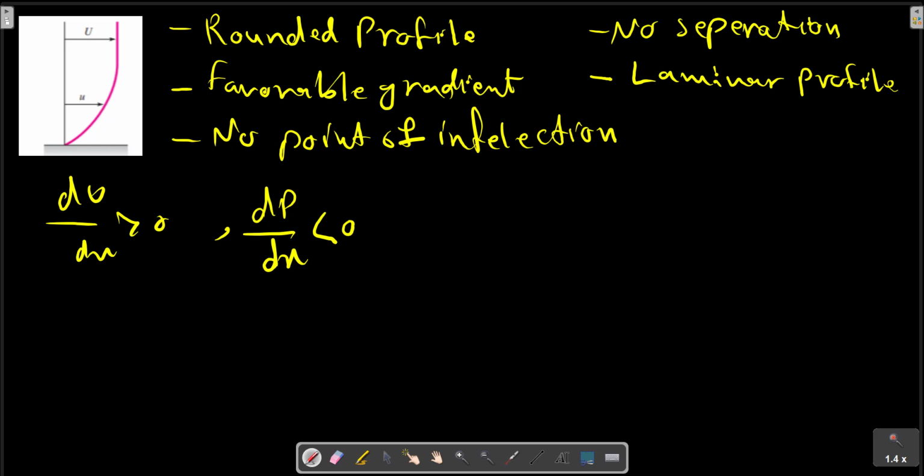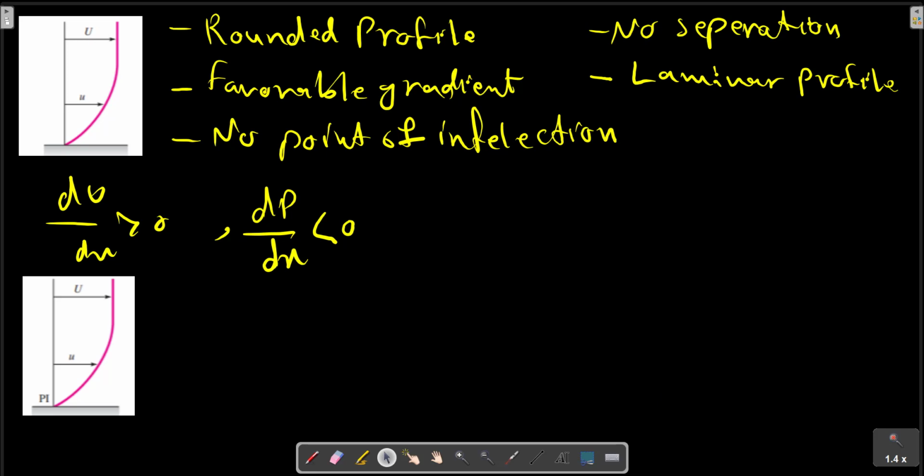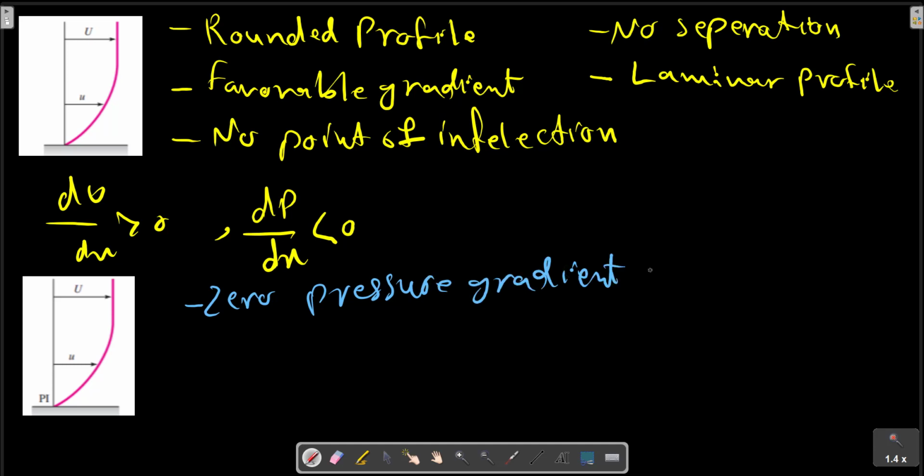There is also another case, where we have zero pressure gradient and no separation. Let me provide a picture. In this case, we have a zero pressure gradient, such as a flat plate flow. The point of inflection is at the wall itself.